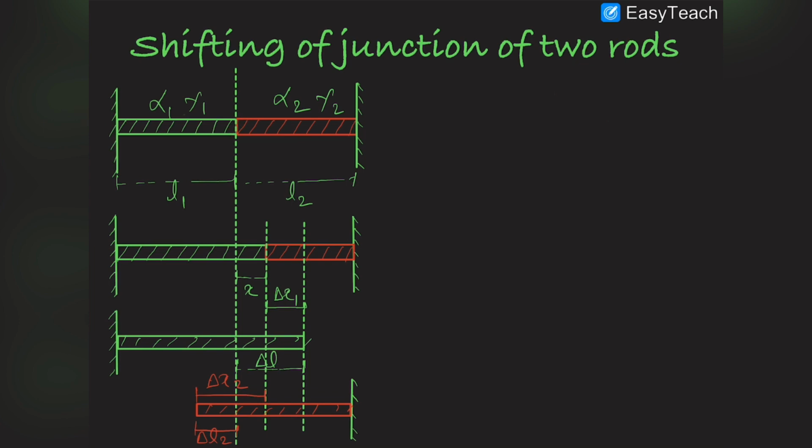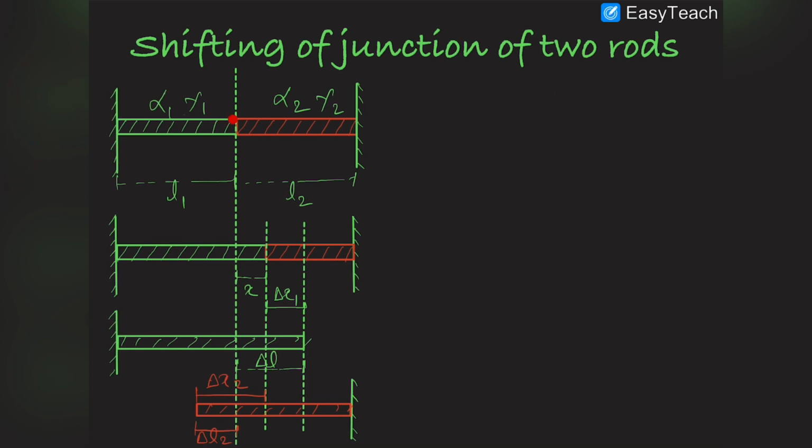This rod has a coefficient of linear expansion alpha 1 and Young's modulus gamma 1, and this rod has coefficient of linear expansion alpha 2 and Young's modulus gamma 2. Now we are increasing the temperature of this system.